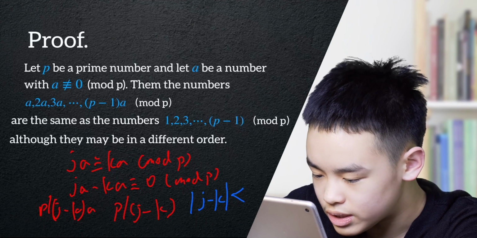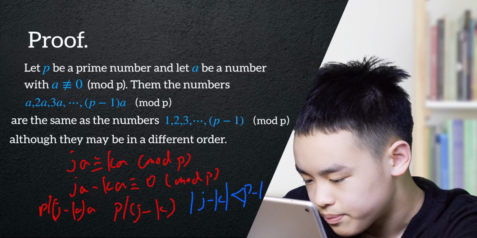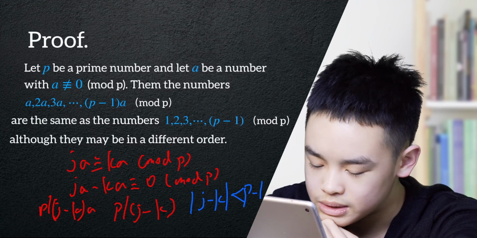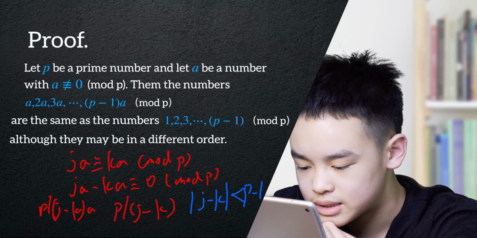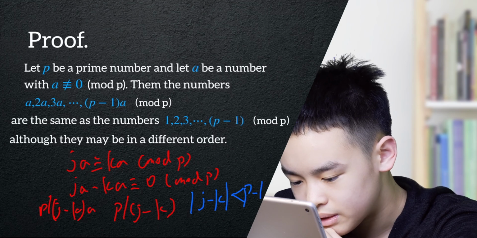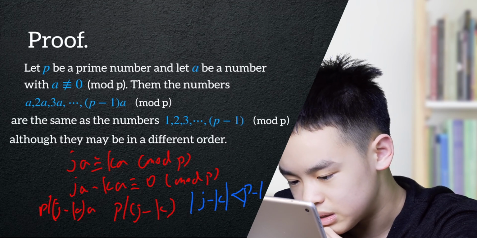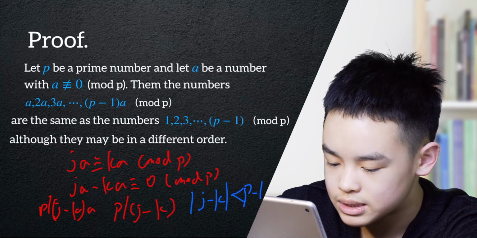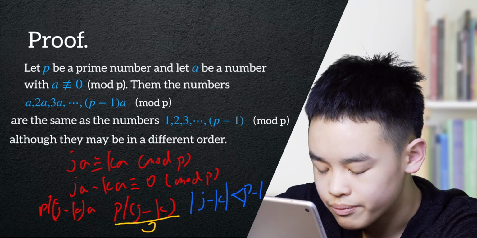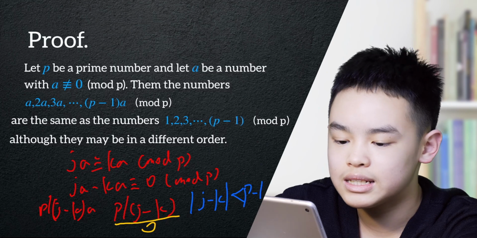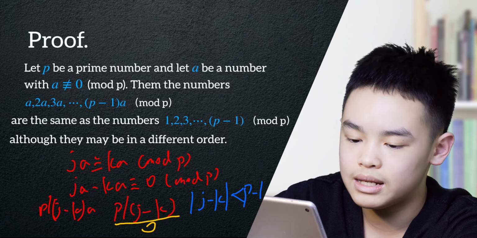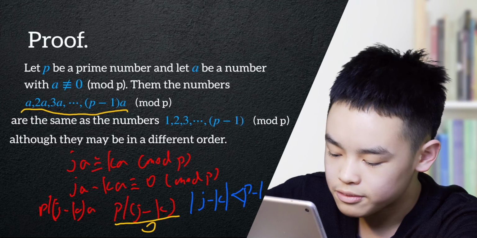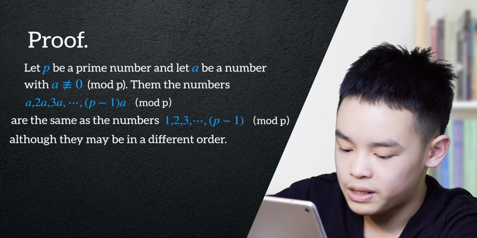So it's definitely smaller than P minus 1. And what numbers can divide P when it's still smaller than P? Well, there's only one number that fits, and that number is 0. So then J and K are the same element in this list. And we have finished the proof of this part.